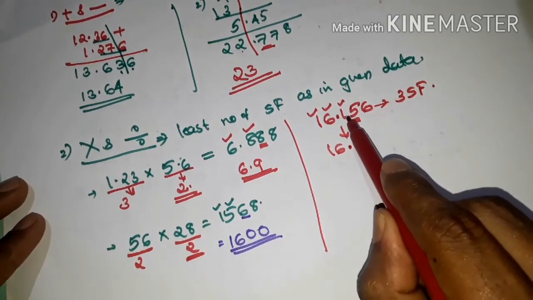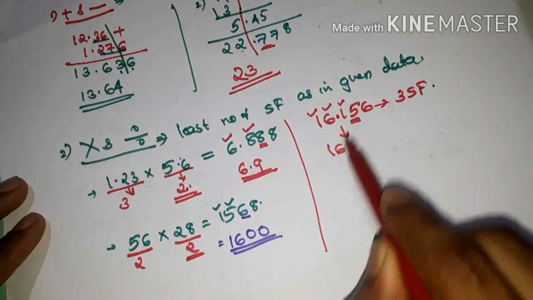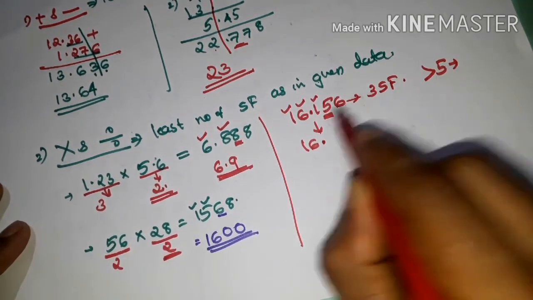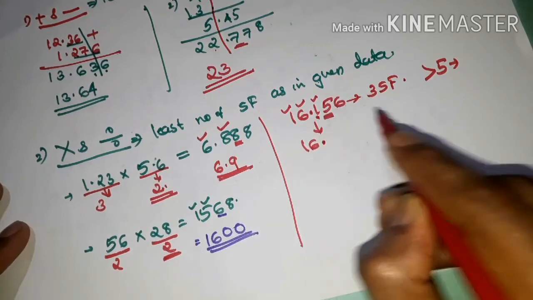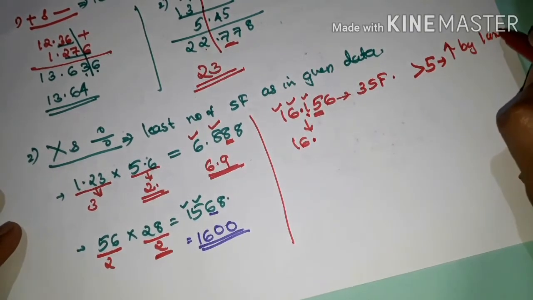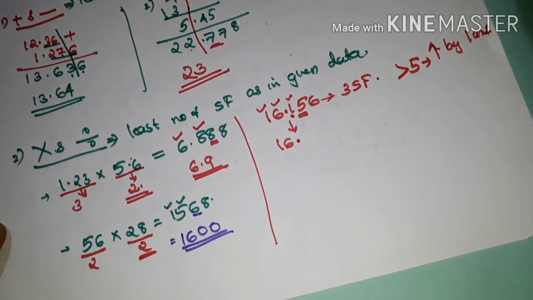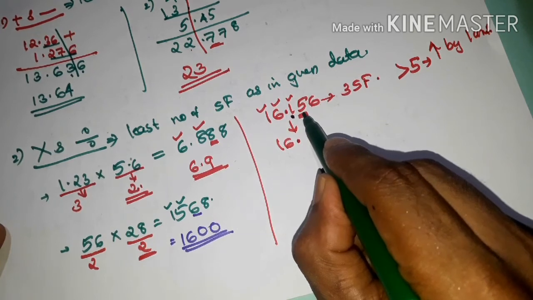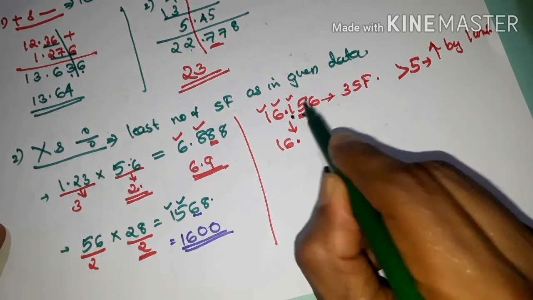During rounding off, if a digit is above 5, the preceding number is increased by 1 unit. Preceding number means the number just before that number.